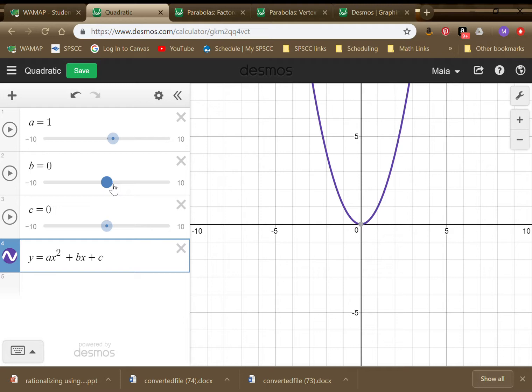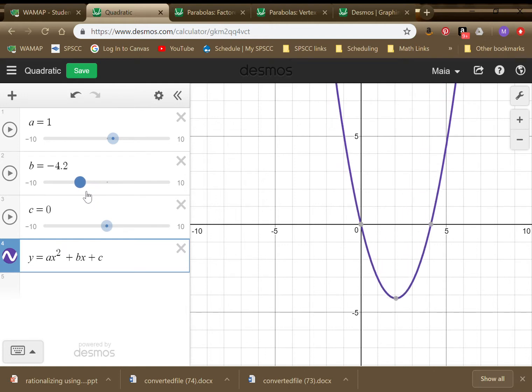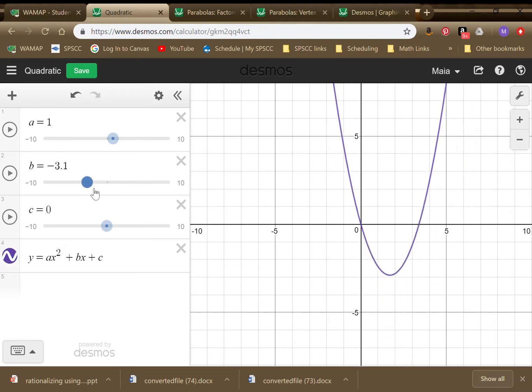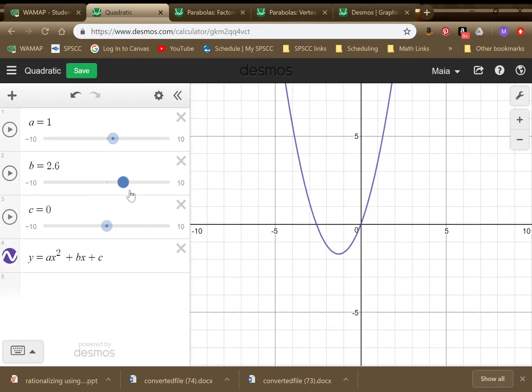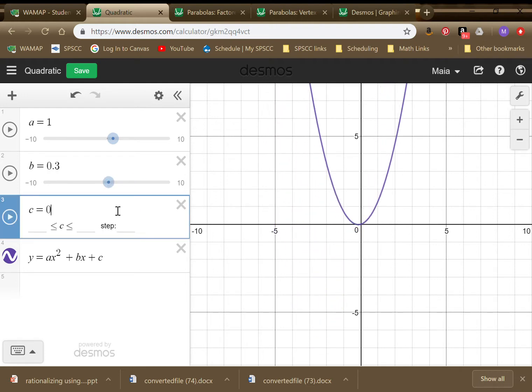Okay, b's a little more subtle, but I think still worth playing with. As I move b around, it's interesting. The graph moves, it looks like it's moving to the right and down. If I move b the other direction, it looks like the graph is moving to the left and down. So it's kind of affecting both up and down and left and right.